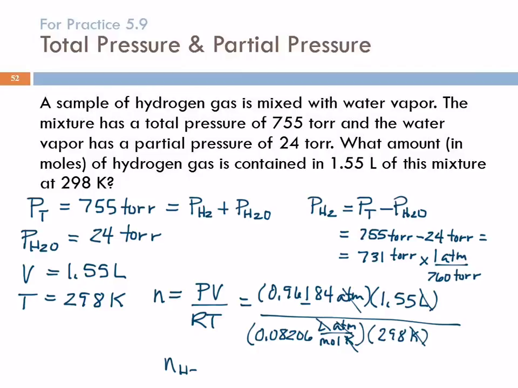So the moles of hydrogen is 0.96184 times 1.55 divided by 0.08206 divided by 298. 0.060966. That should have three significant figures, and so that's going to end up being 0.0610 moles.